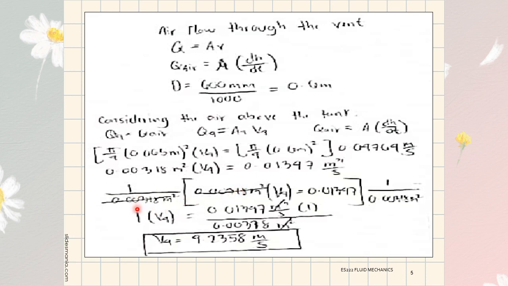So 1 times V4 is equal to 0.01347 cubic meters per second times 1 over 0.00318 square meters. Cancel the cubic meter over square meter, so the remaining unit is meter per second. V4 is equal to 4.2358 meters per second.